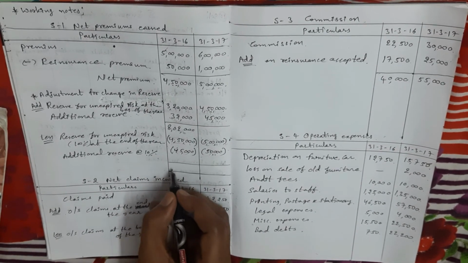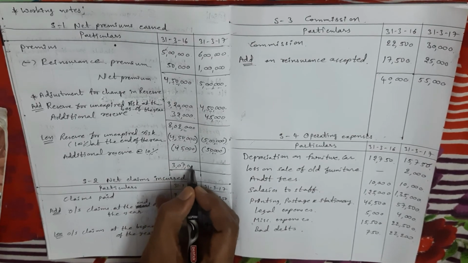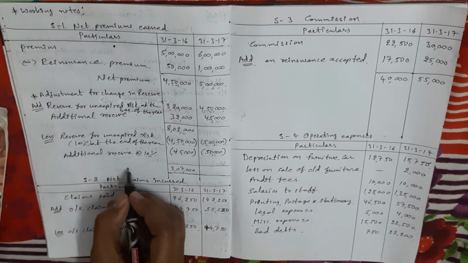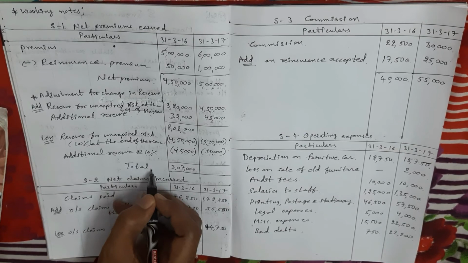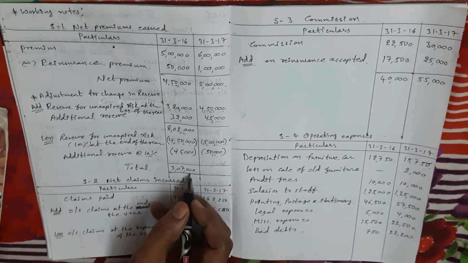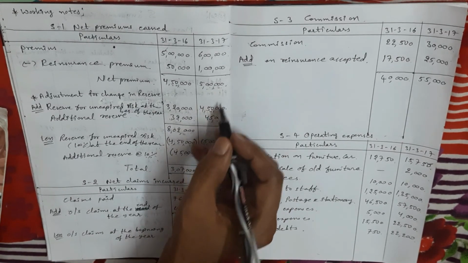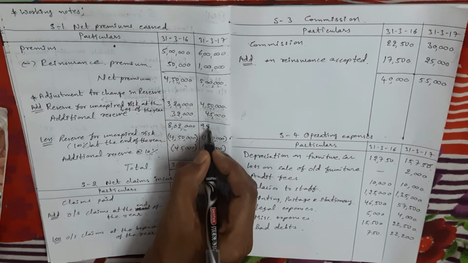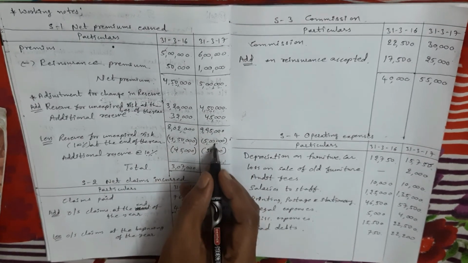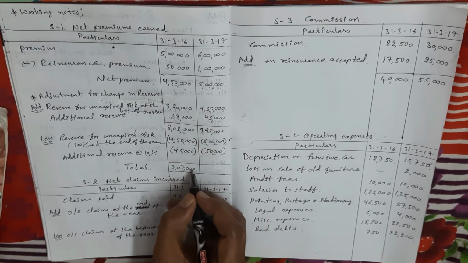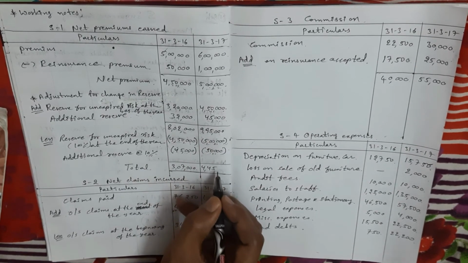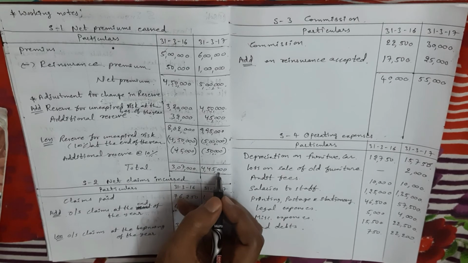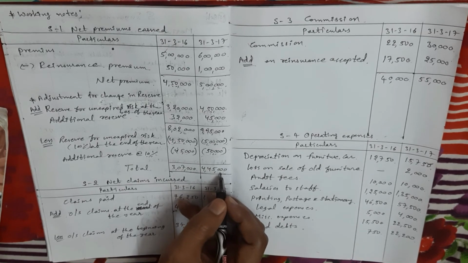The balance 3 lakhs 7,000. So total net premiums earned last year. Next, present year: 5 lakhs plus 4,50,000 plus 45,000, total 9 lakhs 95,000, minus 5 lakhs 50,000, balance 4 lakhs 45,000. This is the total premium earned.